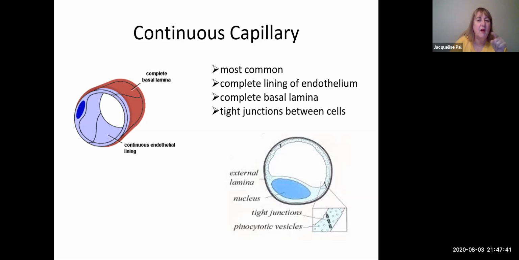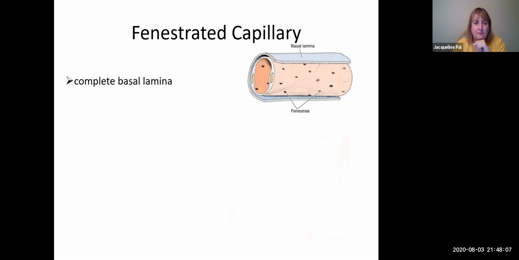If you don't remember, go back and look up the function of tight junctions because here's where it is important. Okay, so this basically is going to be found everywhere except where the other two types are. So it's easier actually to learn where the other two types are rather than where this one is. But for examples of where this is going to be, your muscle has this kind, your lungs, your blood-brain barrier, it all has this type.